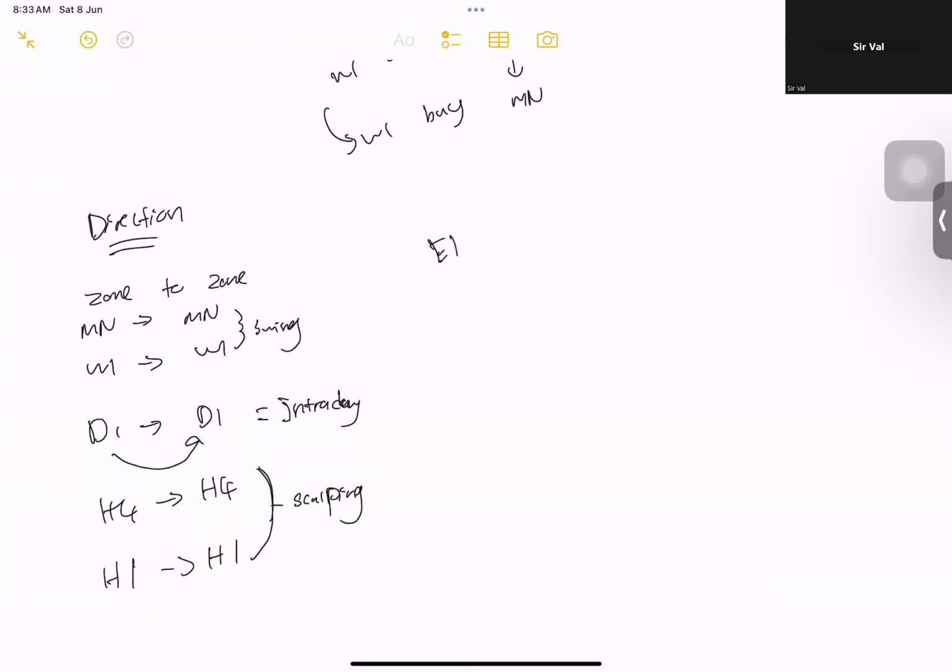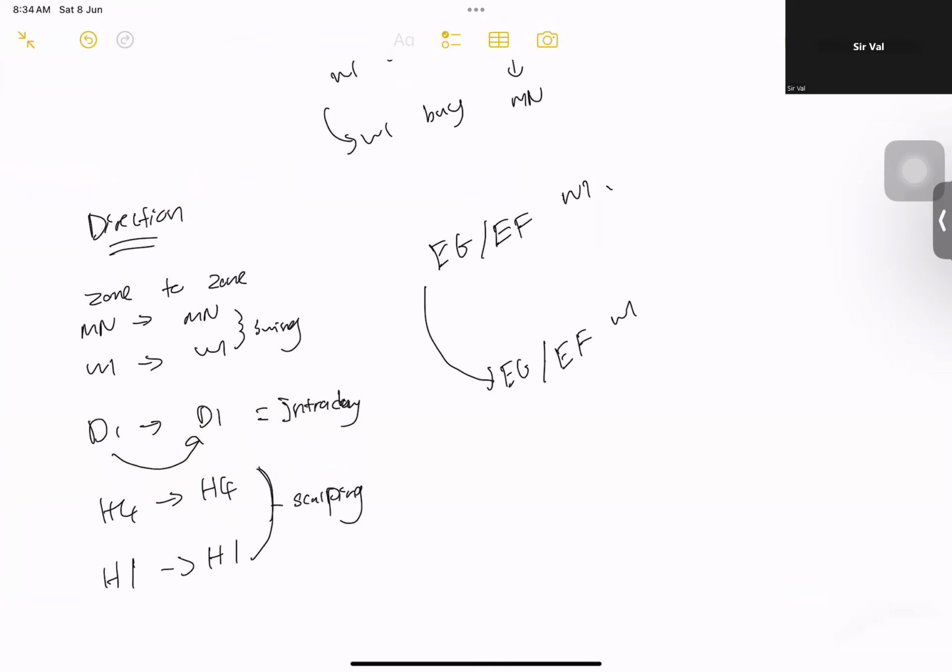For example, engulfing to engulfing, or EF to EF. Here we have a month and weekly.